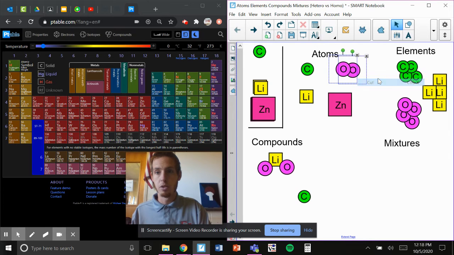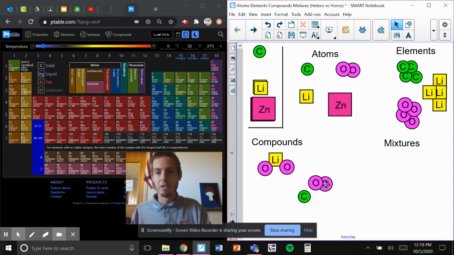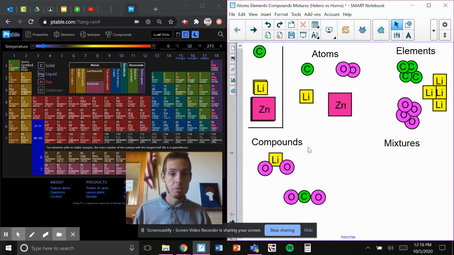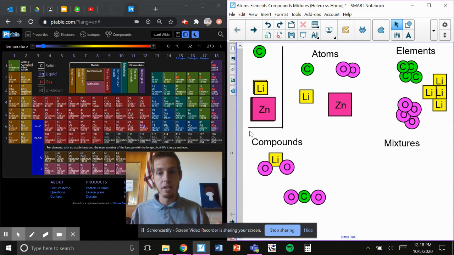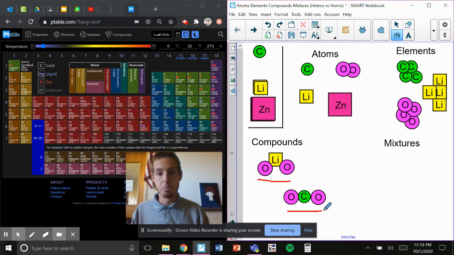I'm just going to clone these really quick. And something like carbon dioxide, CO2, those are going to be some options together. And this is a compound by itself. And this would be, say, a compound by itself.